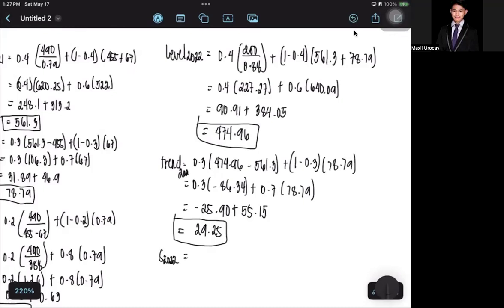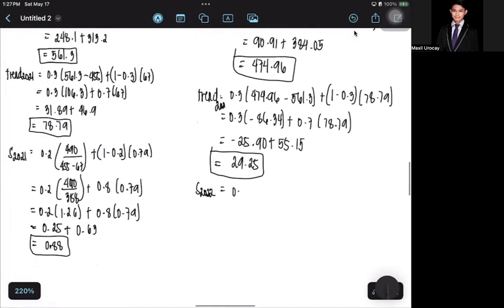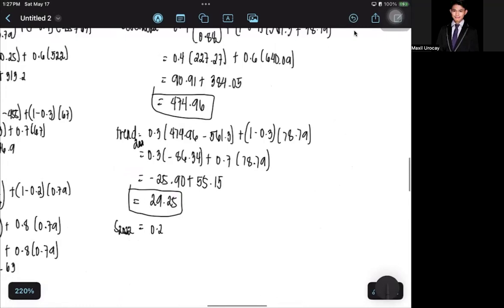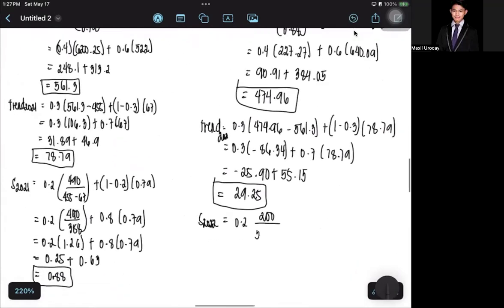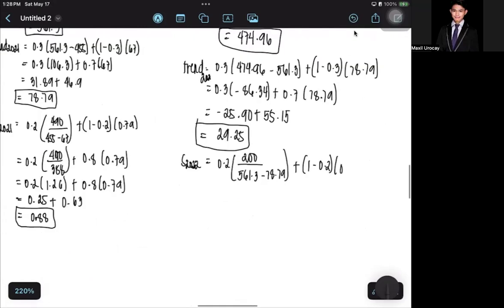So for the seasonality of 2022, the gamma is 0.2. So the 0.2 is definitely 200 over the previous level that you do have, 561.3, then deduction with the previous trend, which is 78.79. So you will begin to add as well the parameter 1 minus 0.2. Then afterwards, you will multiply that into the previous seasonality, which is 0.88.